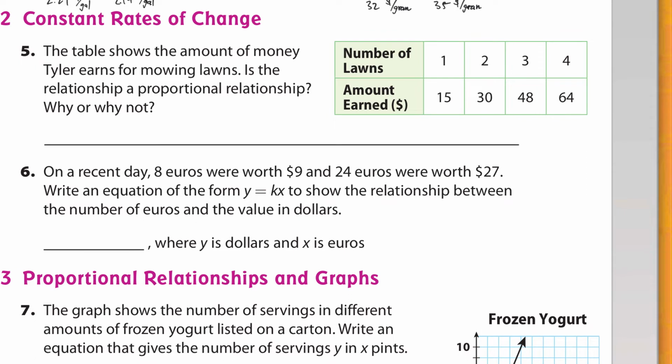It's proportional if you do the same thing. I guess for now I could just go x and y. Usually we go y to x, but whatever. This is times 15. This is times 15. 3 times 16 is 48.